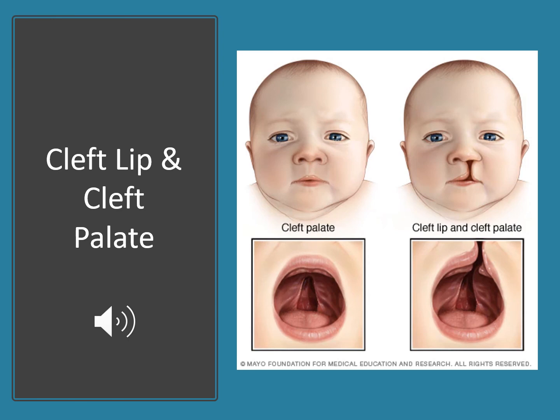With a cleft palate, it's an opening of the palate. The palatal process does not close as usual at approximately 9 to 12 weeks of intrauterine life. So that can involve the anterior hard palate, the posterior soft palate, or both. It can occur as a separate anomaly or in conjunction with a cleft lip. Again, it's the result of polygenetic inheritance or environmental influences.